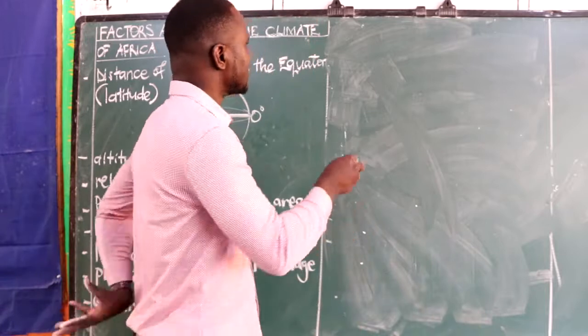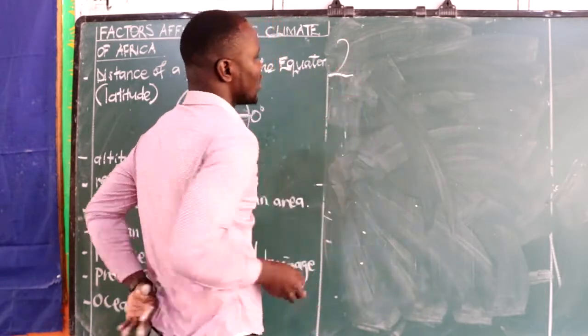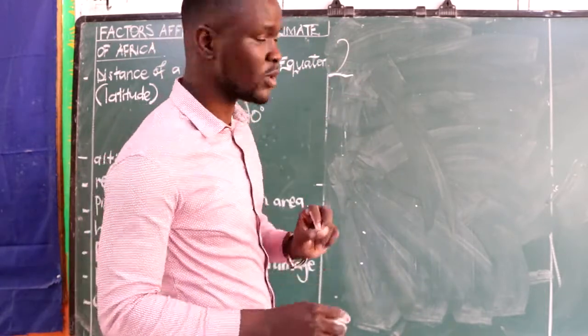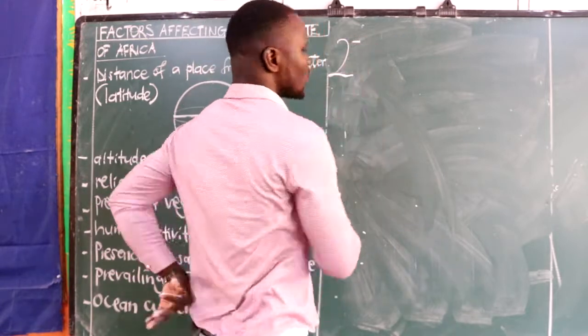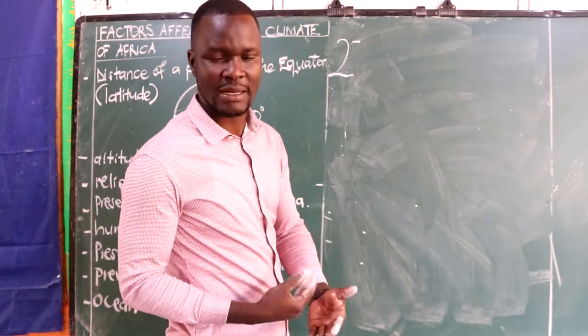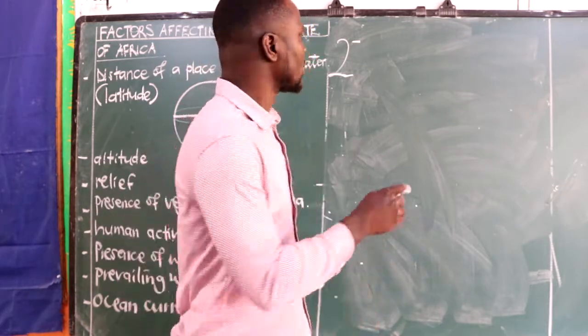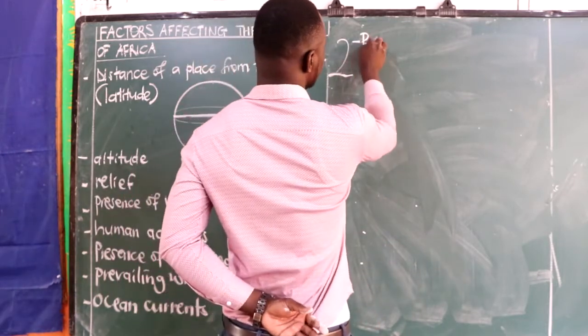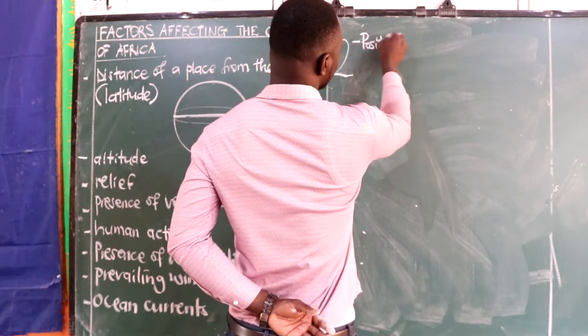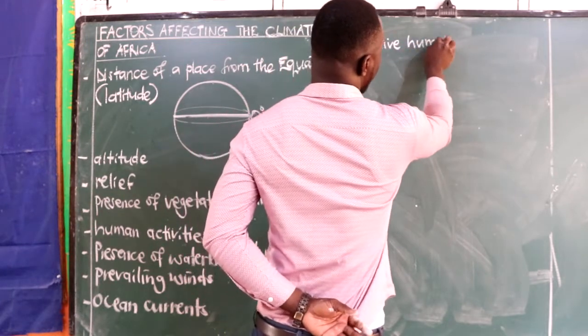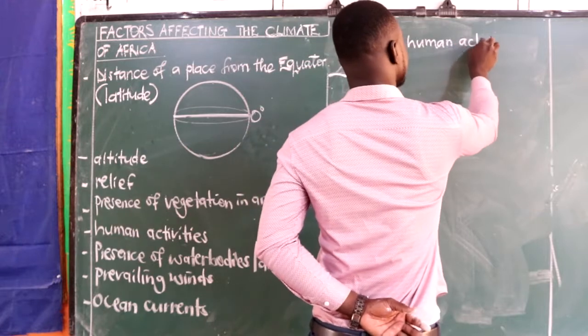Which means that when we are looking at human activities, we are going to be looking at two groups or categories. Let me begin with the ones which can modify. They are the ones which can make the climate good. We call them positive human activities.